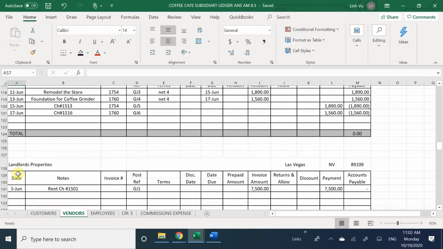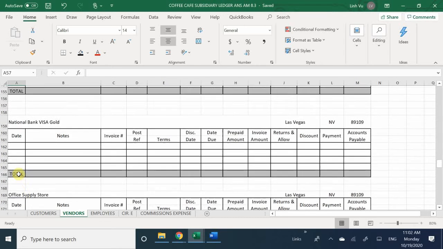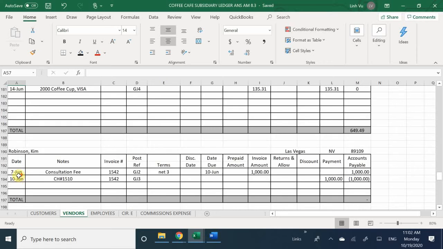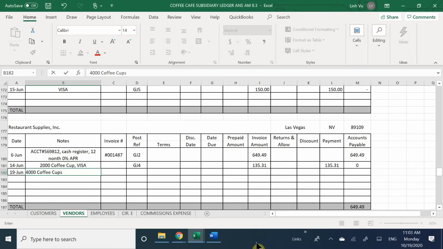Restaurant supplies right here. Okay. So here on the 19th, what did we buy? 4,000 coffee cups. And how did we pay? With Visa.